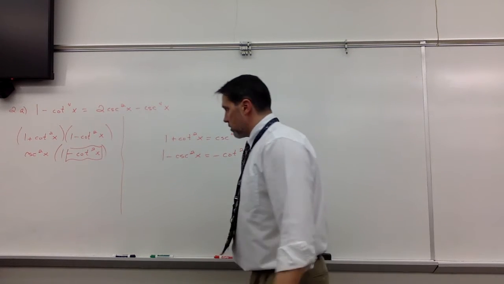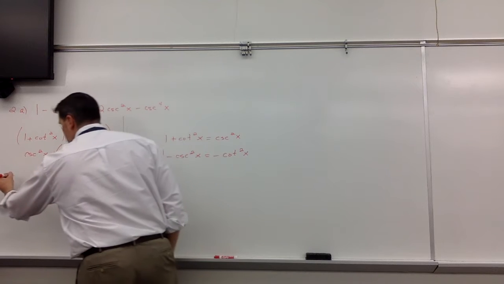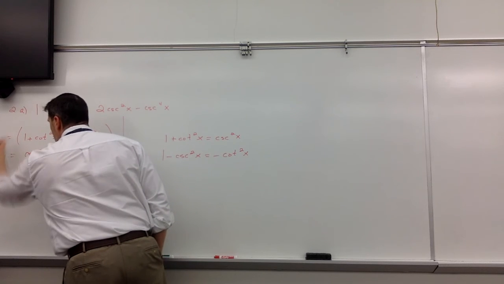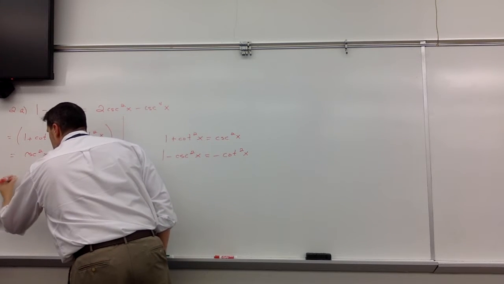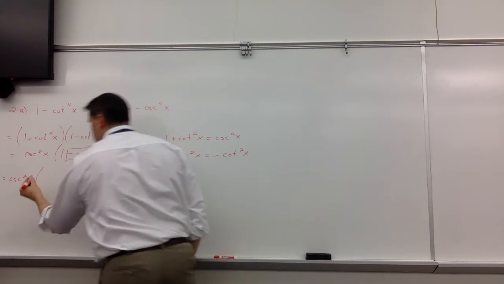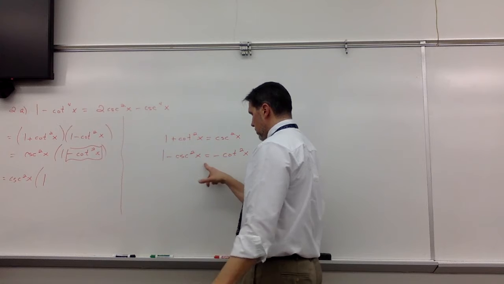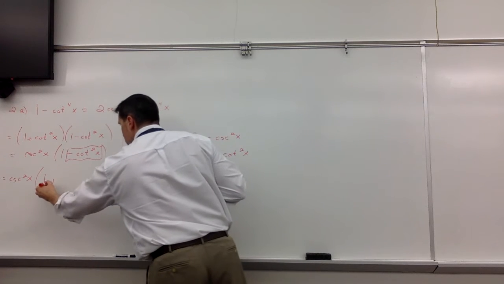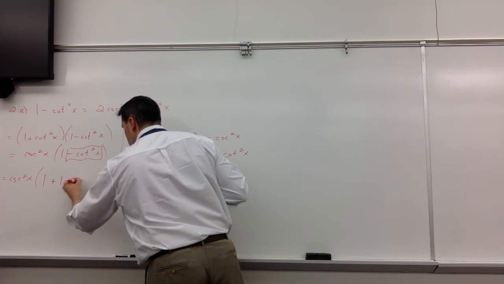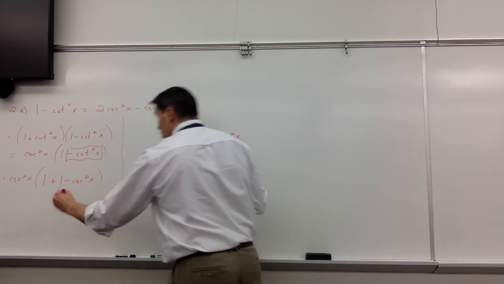So using that substitution, I would say we have cosecant squared x still on the outside to be distributed, and then we have 1, and then that will be plus 1 minus cosecant squared x.